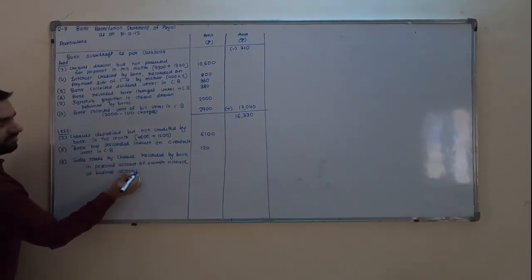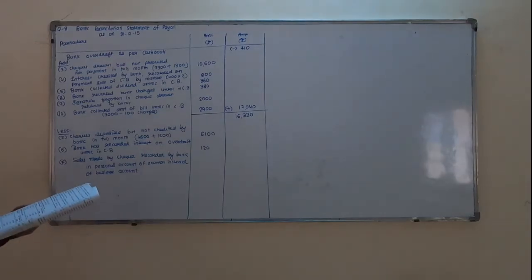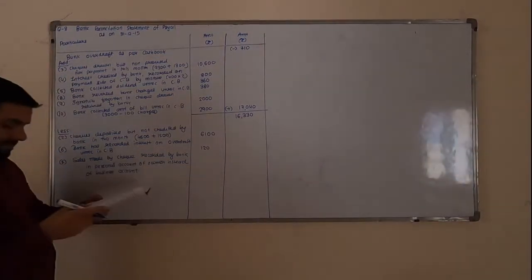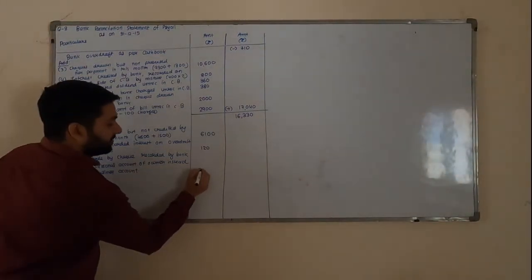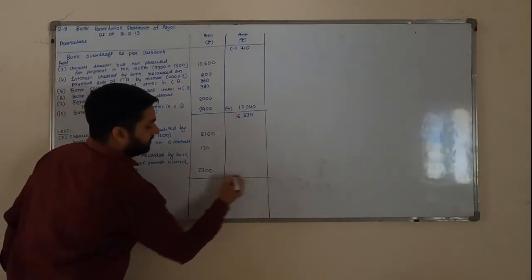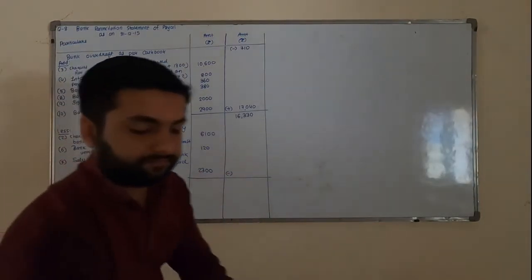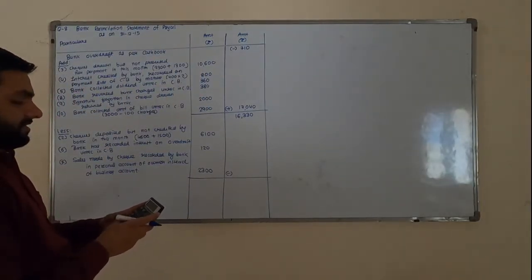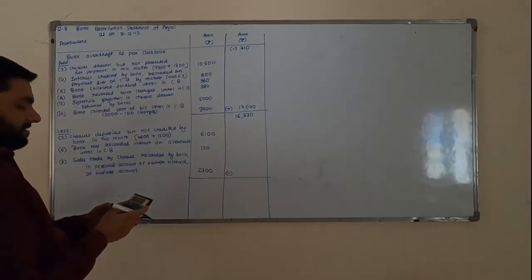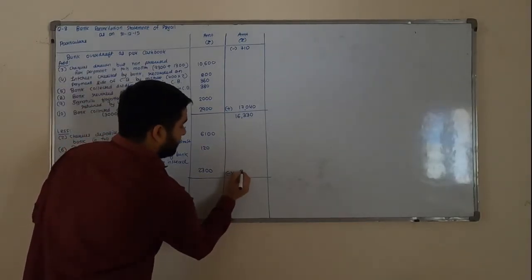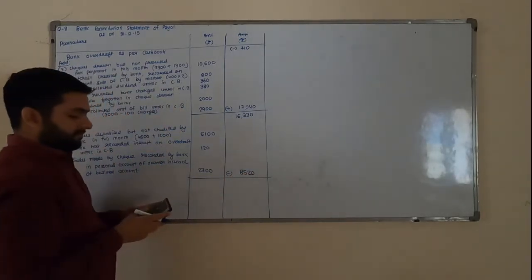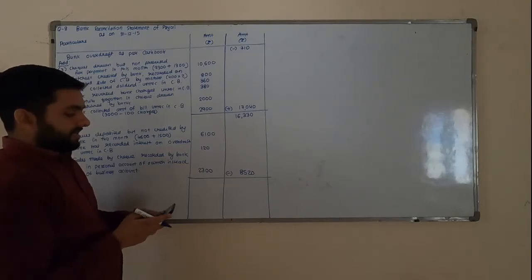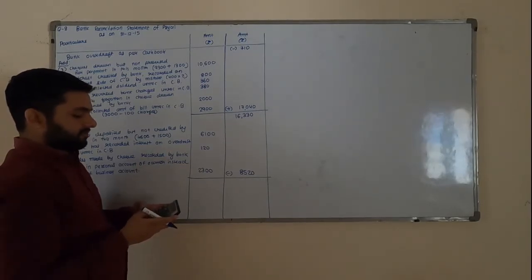This I am clearing, okay, so that you can understand, instead of business account. And that amount is 2300. So 6100 plus 120 plus 2300 is 8520. Now 16330 minus 8520.